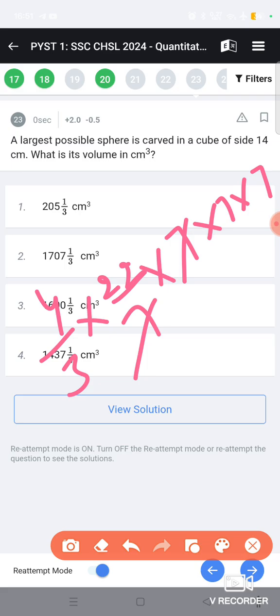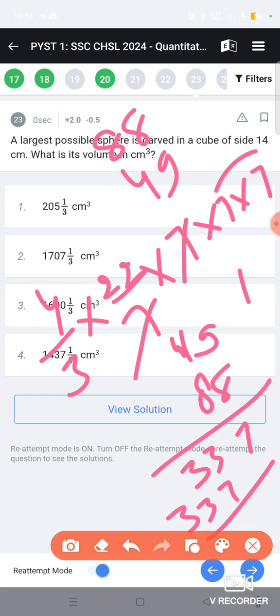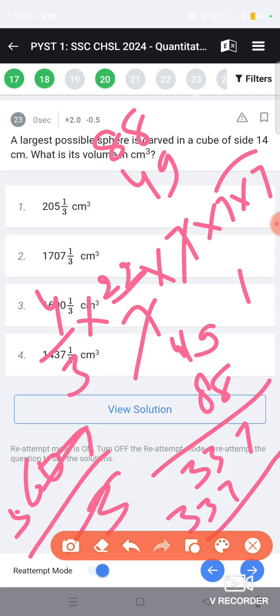7 cancel, and we get 49 and 88. Okay, divided by 3. So 49 into 88, it means 3377063 divided by 3.